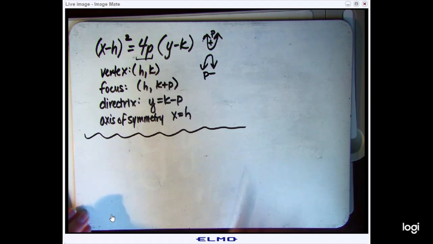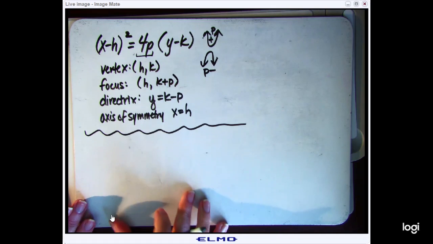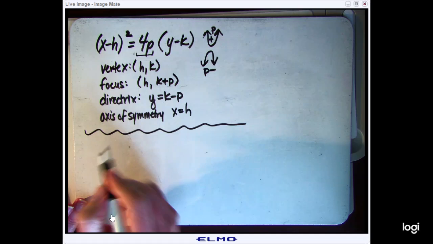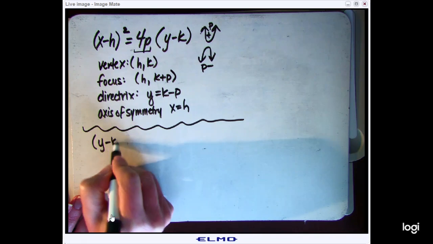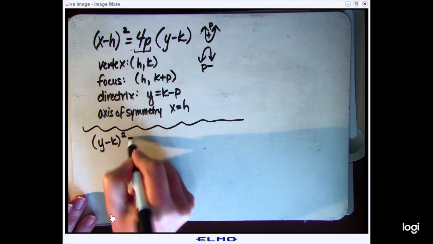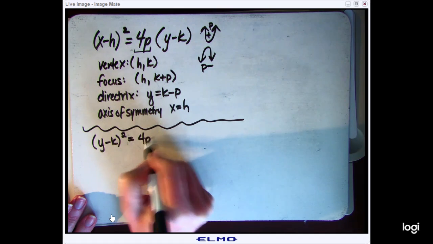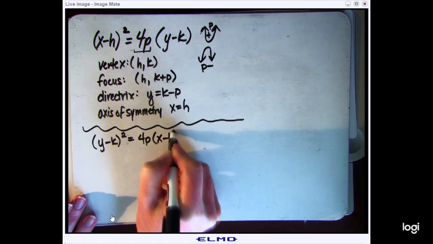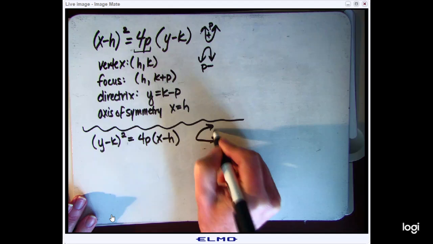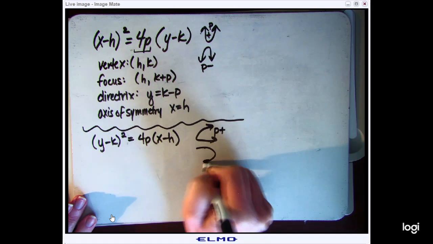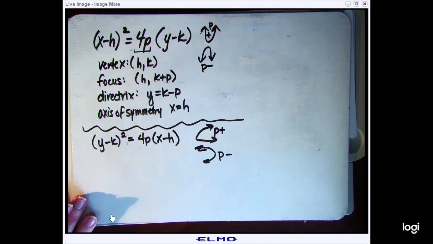And then you know, because we graphed that a second ago, that our parabola can also be balanced on the x-axis. That formula would look like this: (y minus k) squared equals 4p(x minus h). It opens to the right if your p is positive. It opens to the left if your p is negative.